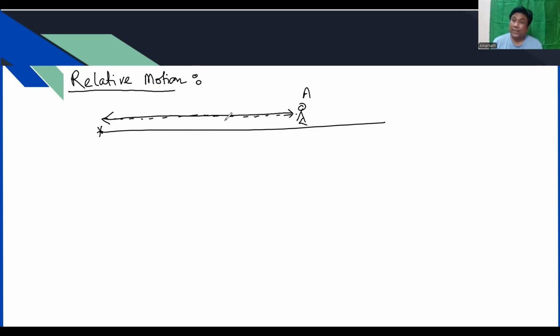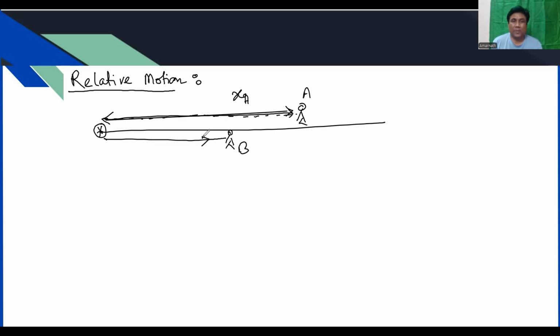This is the actual displacement as well as relative, because the observing point is fixed. It is stationary. So the displacement of the person is this much only. We can say this is x1 or xA, the displacement of A. But in the meantime, another person, called B, is moving this much, coming to this position.